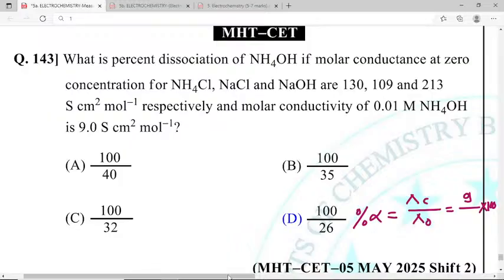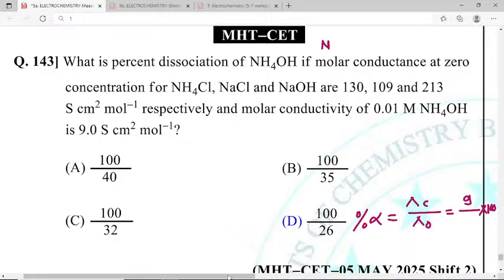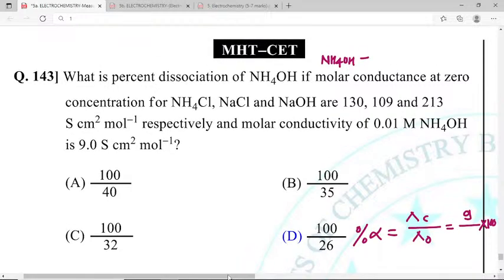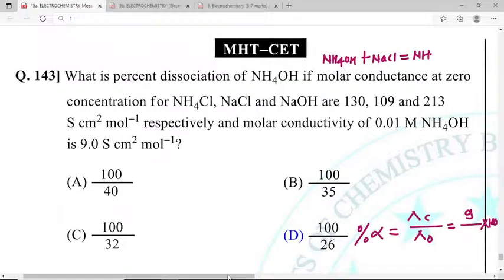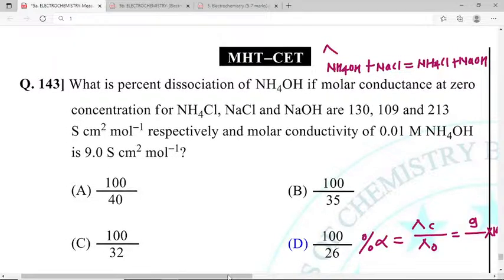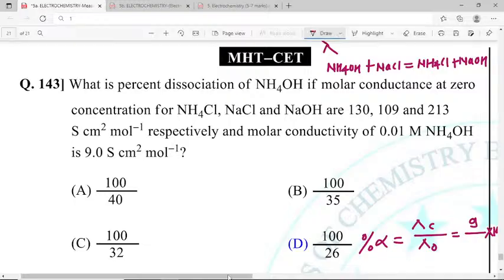So how to calculate the lambda naught? The molar conductivity at zero concentration of ammonium hydroxide we have to calculate here. Ammonium hydroxide plus NaCl is equal to ammonium chloride plus NaOH.